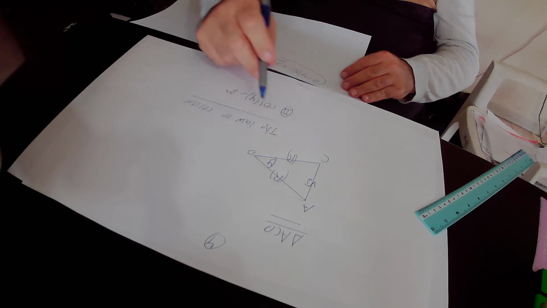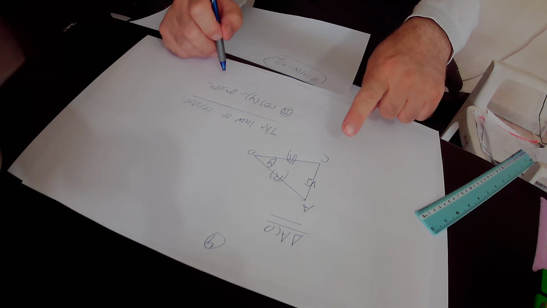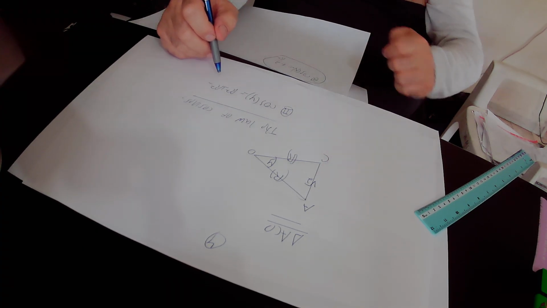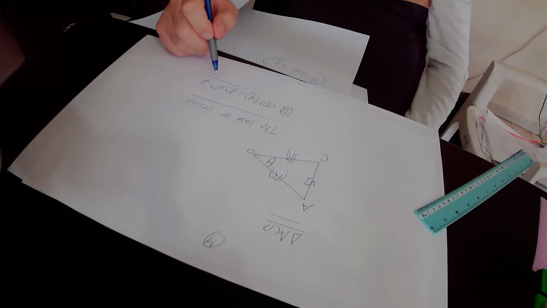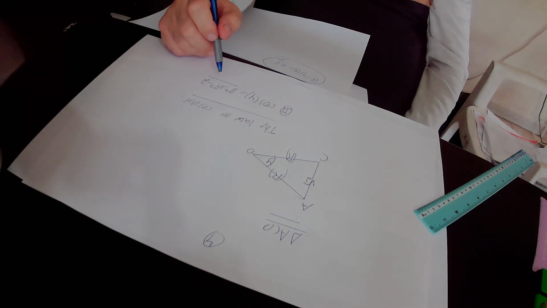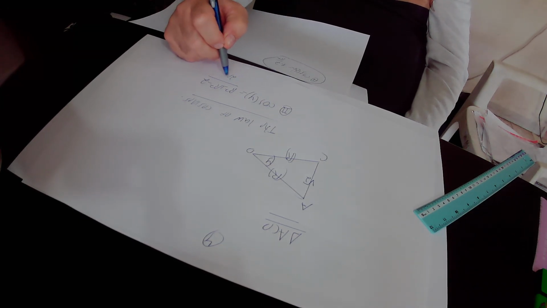plus C squared, that is also R squared, minus AC squared. AC is square root of 2, therefore AC squared is square root of 2 squared, that is 2. So it is minus 2 divided by 2AB, so it is divided by 2 times R, that is 2R squared.